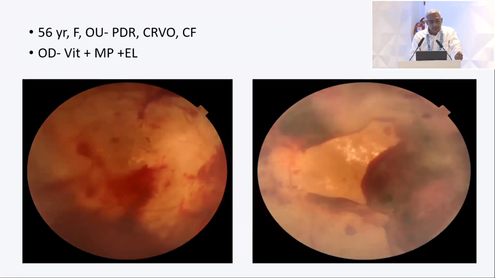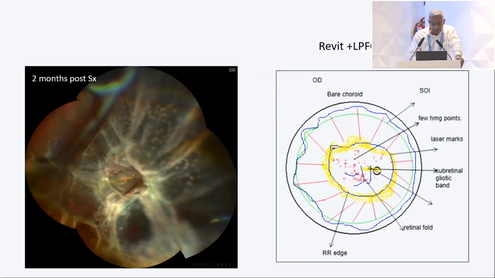Another lady, 56-year-old, PDR, also had CRVO, counting fingers vision. Seemingly, the right eye surgery went uneventful, no complications as such, but it was a combination of bilateral CRVO and PDR. So surgery was okay.